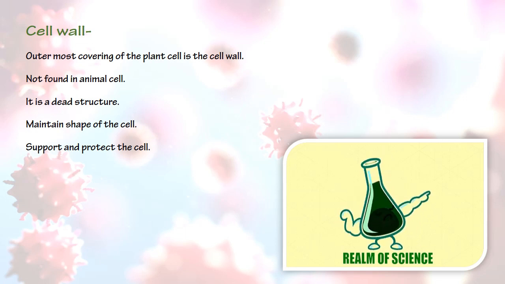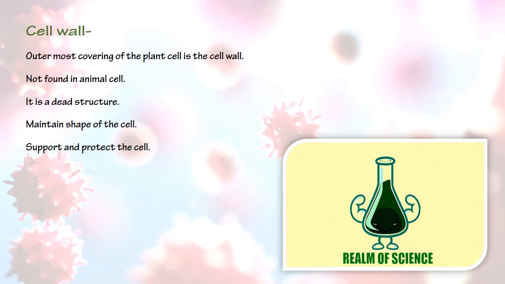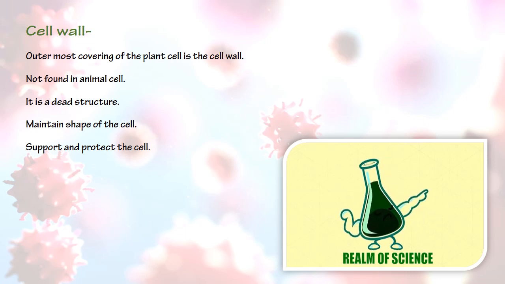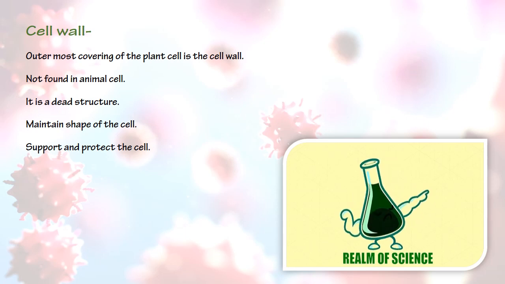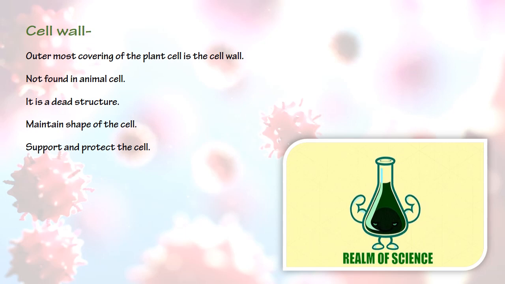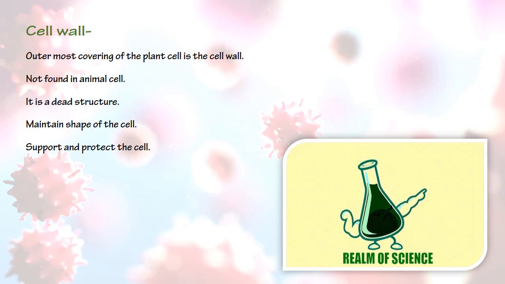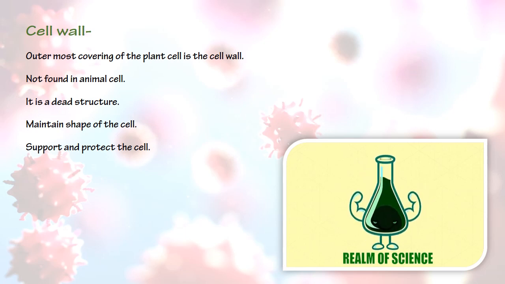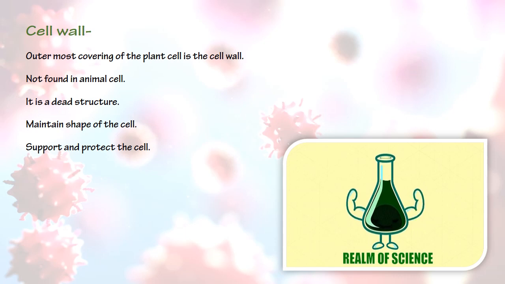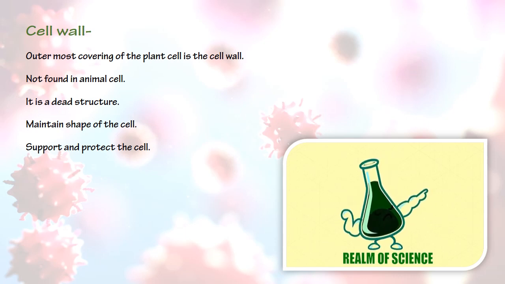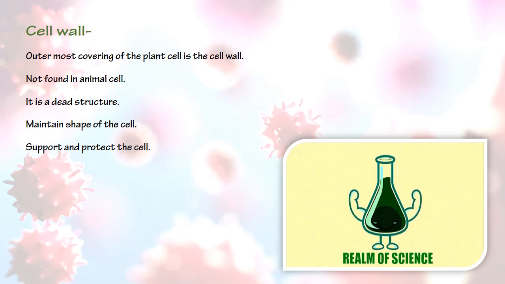The cell wall is just a covering of a plant cell which gives stability to the cell. Also, it maintains the shape of the cell and provides support and protection to the cell. And the cell wall is made up of cellulose, which is a polysaccharide carbohydrate.